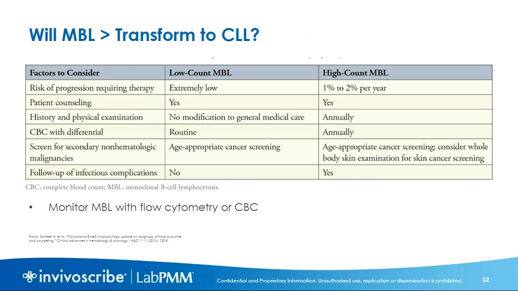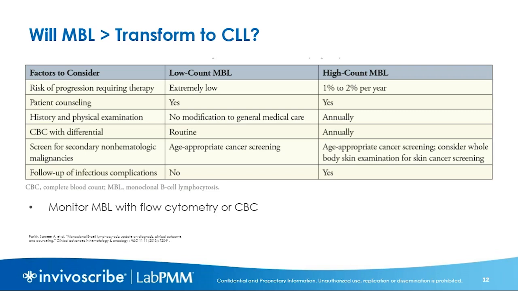So going further within this MBL concept, it is broken down between low count and high count, because patients with low count show an extremely low risk of progression, whereas high count MBL progressively increases with risk of CLL transformation of about 1 to 2% cumulatively each year.